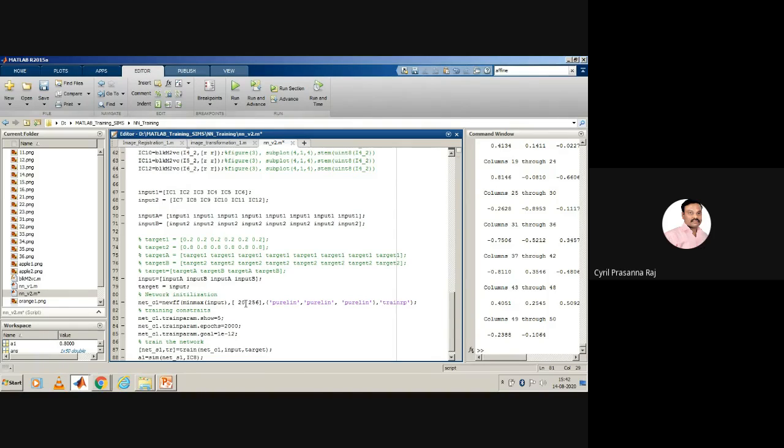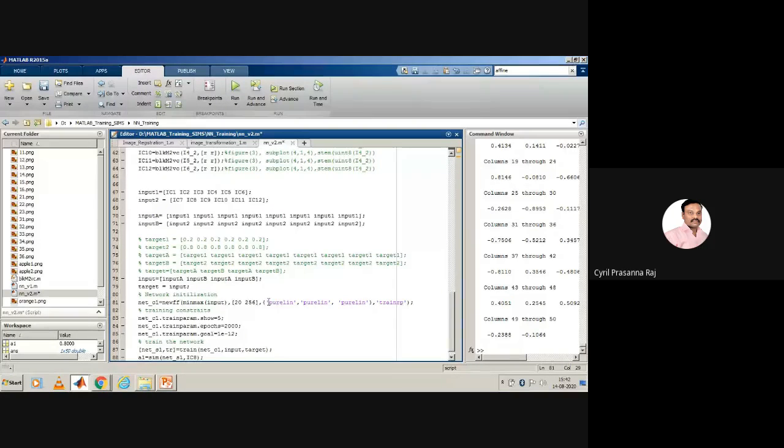So I'm having only three layers: input layer, hidden layer, output layer. There are only 20 neurons in the hidden layer. So 256 inputs will be processed, and the hidden layer will generate 20 outputs, and those 20 outputs will be given to the 256-neuron output layer to generate 256 outputs.